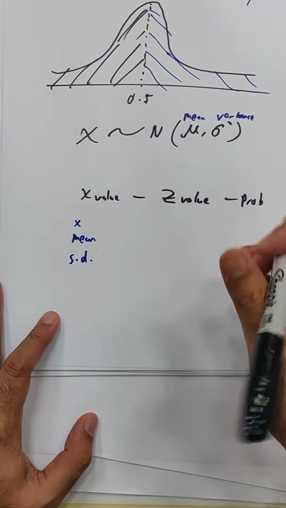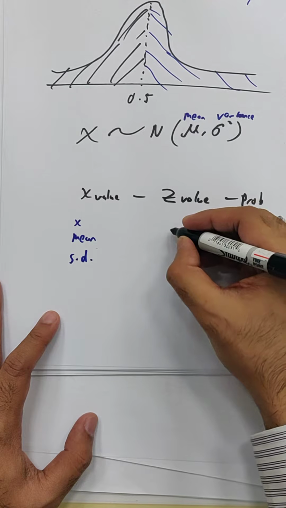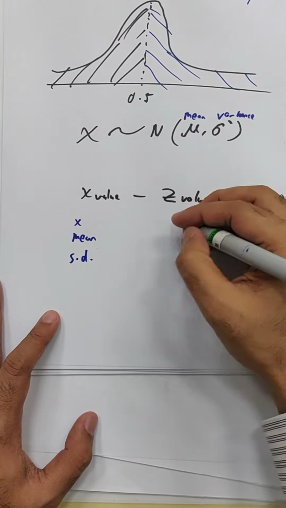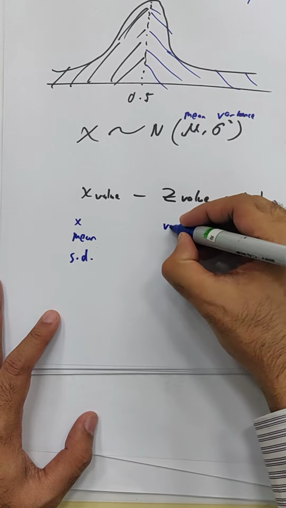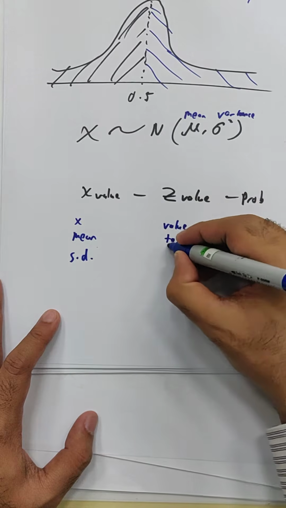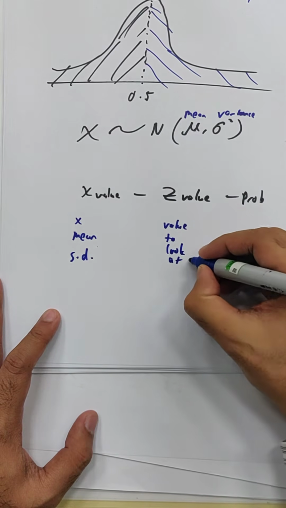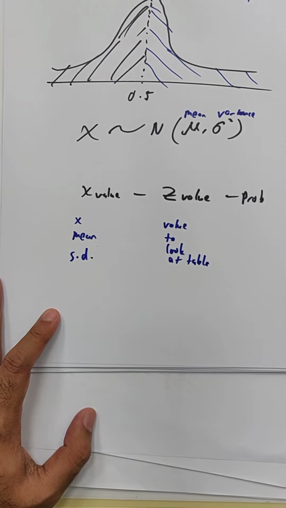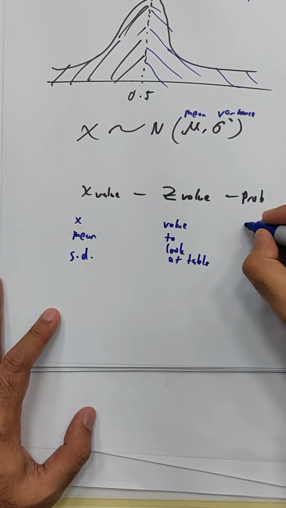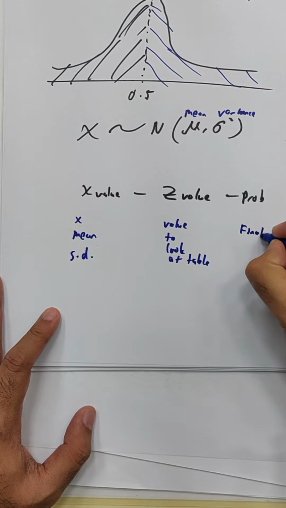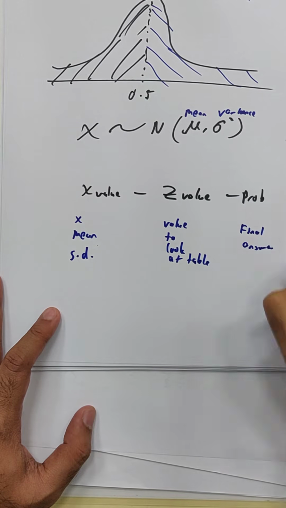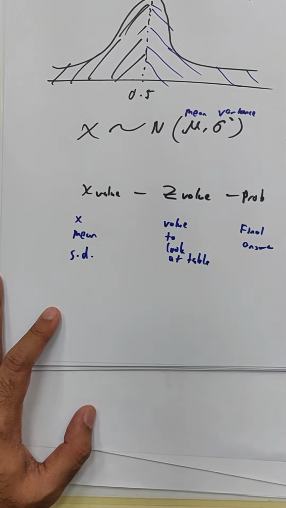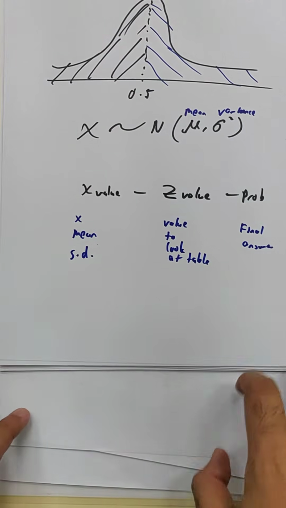The z value is where you want to look at the table. And the probability is the reading. Final answer.